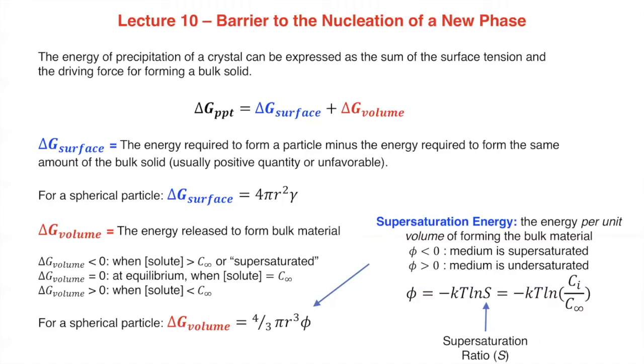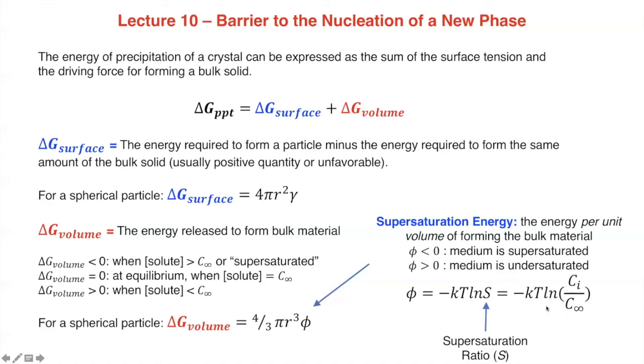All right. So you can define this delta G volume in terms of the volume of the spherical particle you're considering times what's called a supersaturation energy. And this is an energy expressed as the monomer concentration over the bulk solubility. So you can express this as a ratio, a supersaturation ratio, S here.